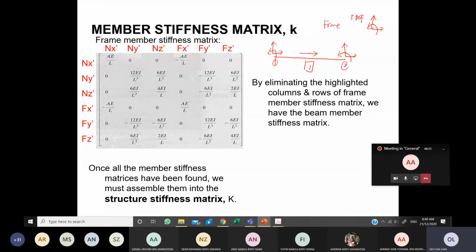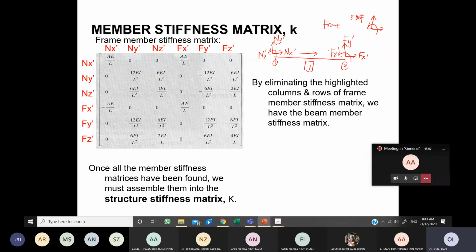So if you want to know what this is about, this can be named as the horizontal at the near end, at the Y direction at the near end, and the Z rotation at the near end. And similarly, you will have at the far end, at X direction, at Y direction, and also at Z direction.